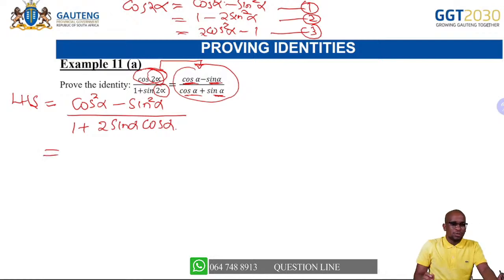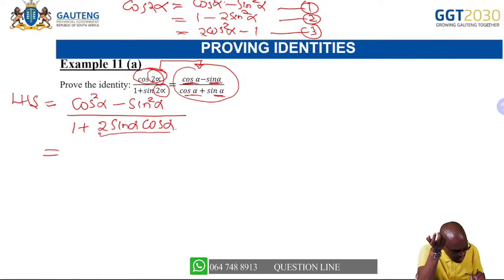Now, here, good people, there's something that we need to consider. We spoke about it lengthily in our presentation last week. So, on the grade 11 revision, it's important that when you see the number 1, especially if you are given 2 sine x cos x or 2 sine alpha cos alpha, you can also think of 1 as what?